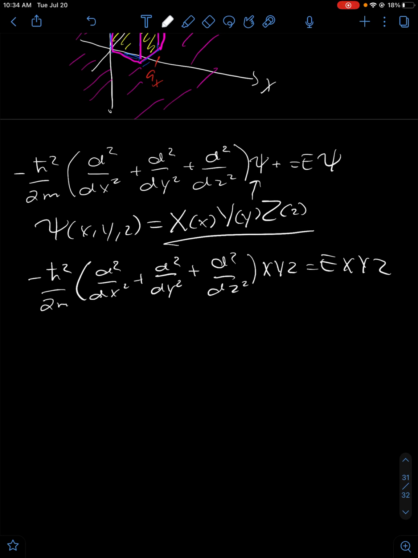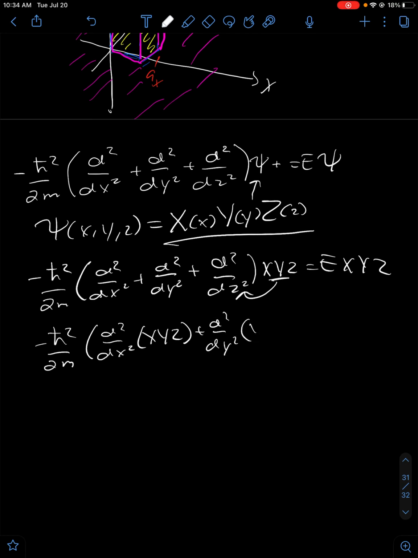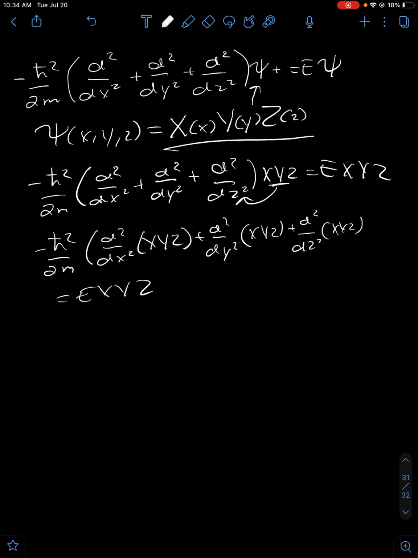So now we distribute this inside, and we get the second derivative of X Y Z with respect to x, plus the second derivative with respect to y, and then do that for z, that equals E X Y Z.